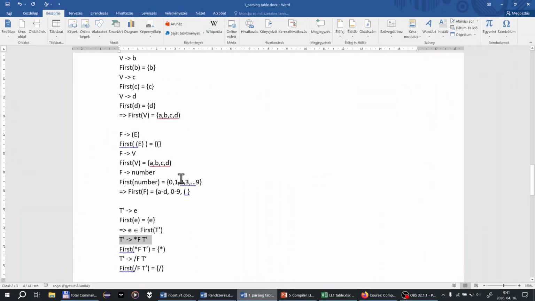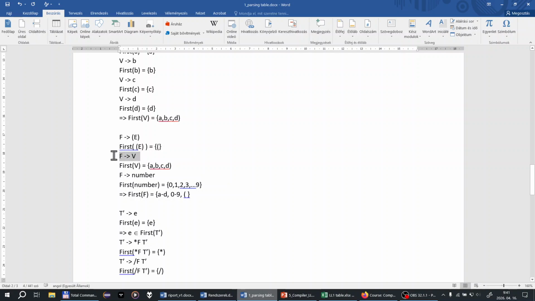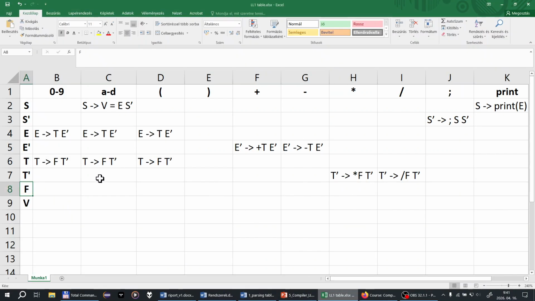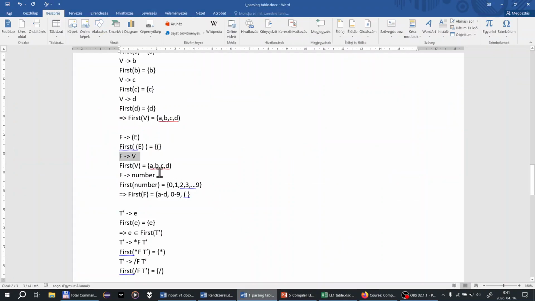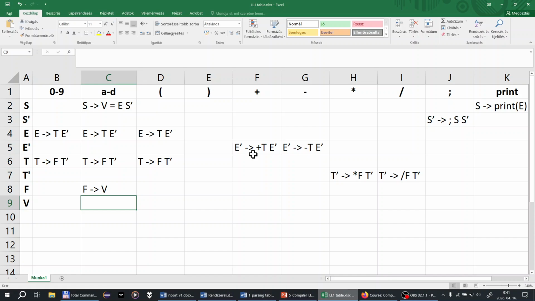Let's see the F. If we have a variable, then it can be A to D. So in this case, we apply the grammar rule F to V. If we have a number, we apply the grammar rule F to number.